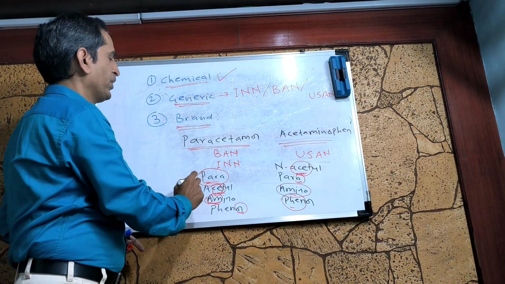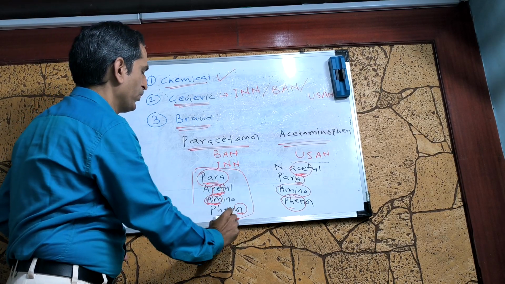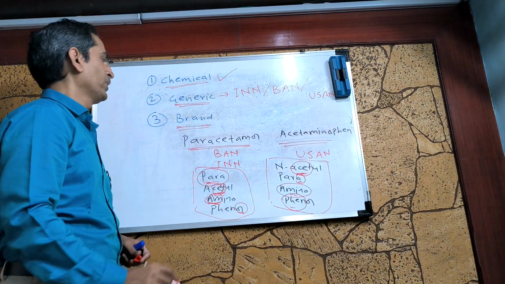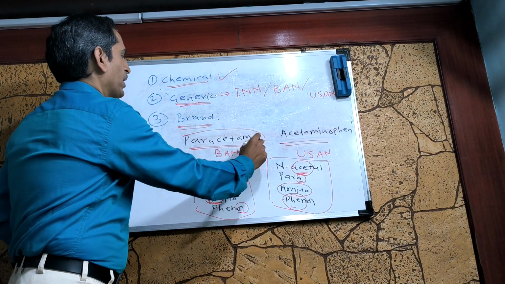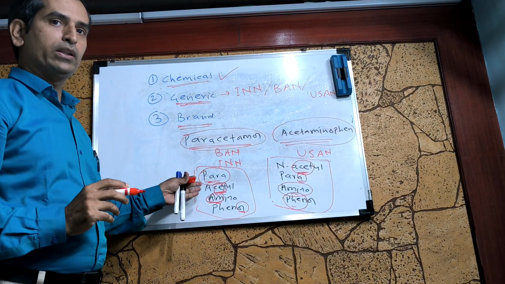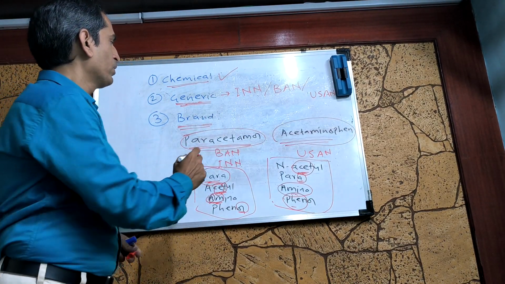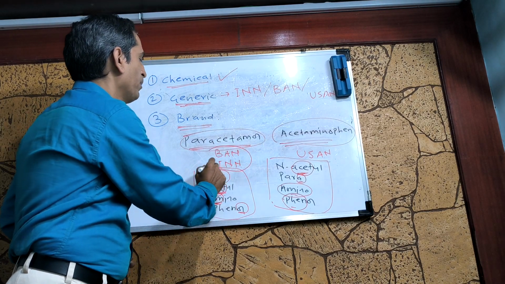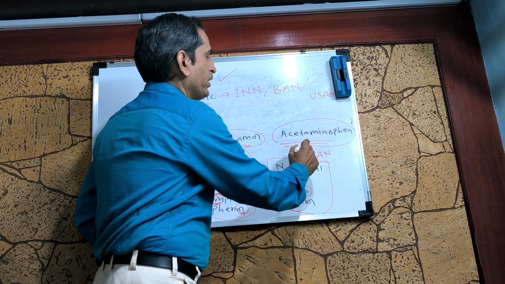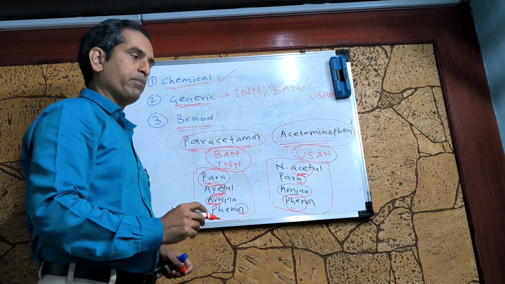In this case, the chemical name is para-acetyl aminophenol or N-acetyl para aminophenol. The generic name is paracetamol, or it's also called acetaminophen. And why is it called paracetamol and acetaminophen? Because paracetamol is the British approved name or the international non-proprietary name, and acetaminophen is the US adopted name.